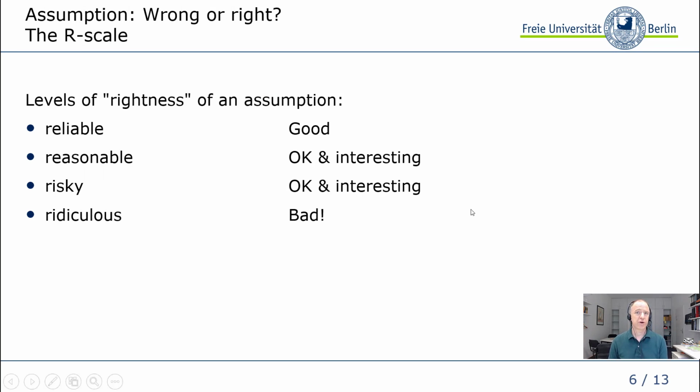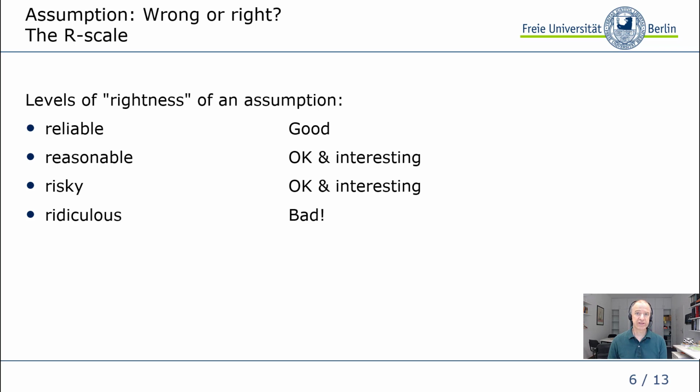Let's use this 4-level scale for the rightness of an assumption. The highest level is that an assumption might be reliable. Such assumptions are unproblematic. Reliable would mean almost everybody can agree that the assumption is essentially always correct. But it might be only reasonable, where most people can agree that it's most often or most likely correct.